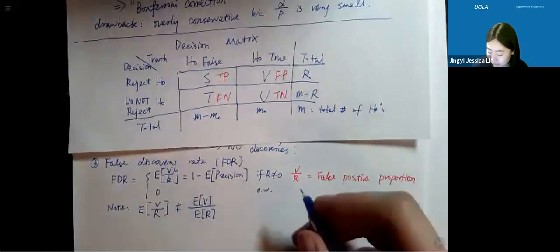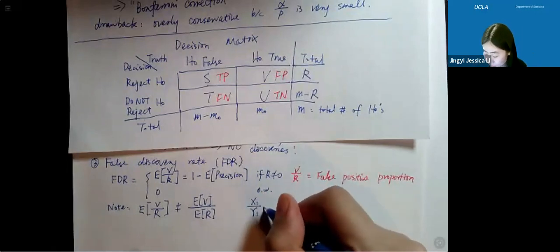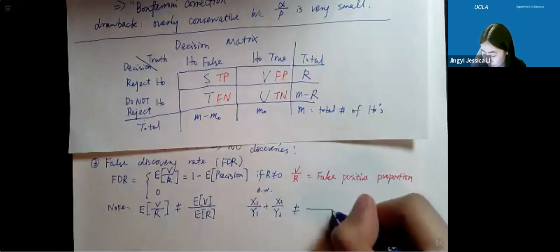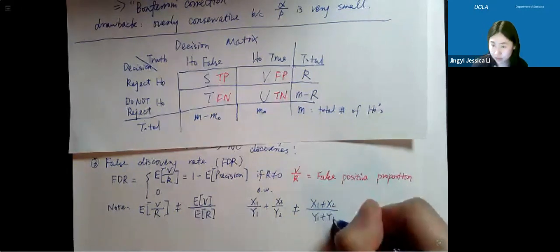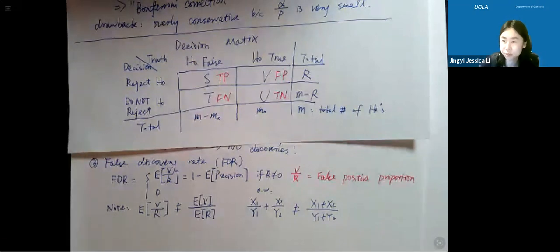The reason is that x1 over y1 plus x2 over y2 is not equal to x1 plus x2 over y1 plus y2. This is the fundamental reason for this. When we take expectation, it's essentially some sort of average, and the average is always based on summation.